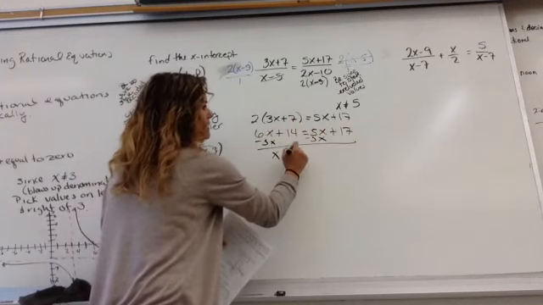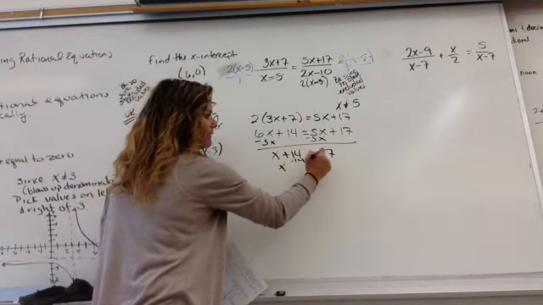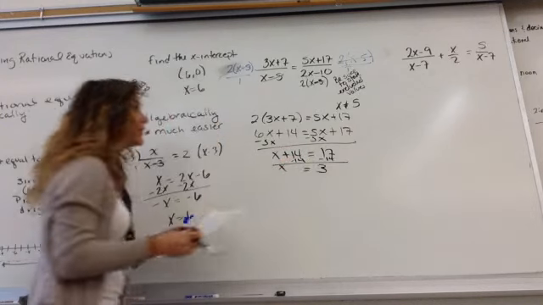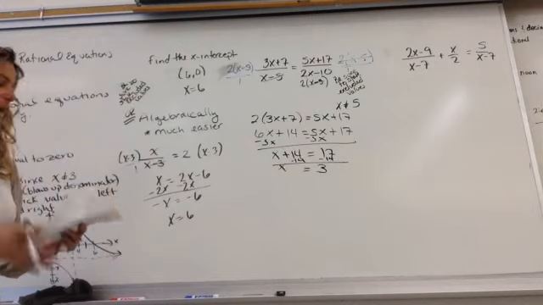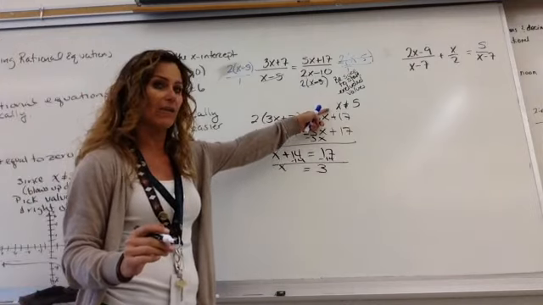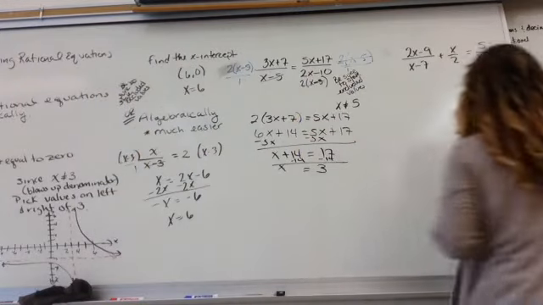So we have x plus 14 equals 17. Subtract that 14, and x equals 3. And you do need to double check to make sure that x is not your restricted value. Since I can only not have it be 5, it's 3. We're good.